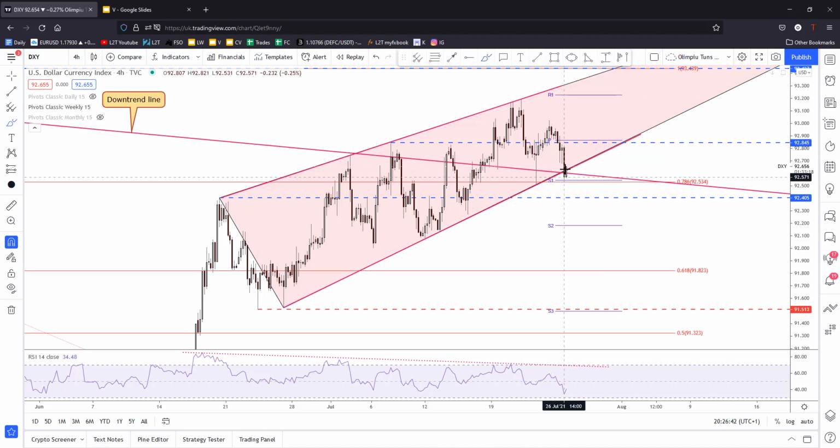If this candle closes above the uptrend line, it could signal that we may have only a false breakdown and the dollar index could increase. And if this candle closes below the uptrend line, maybe a test and retest here, it could signal a valid breakdown, and this candle could also close below the downtrend line, below the uptrend line, and could signal a potential drop.